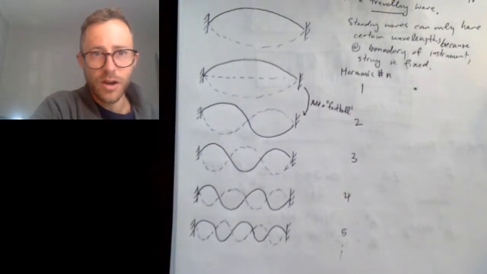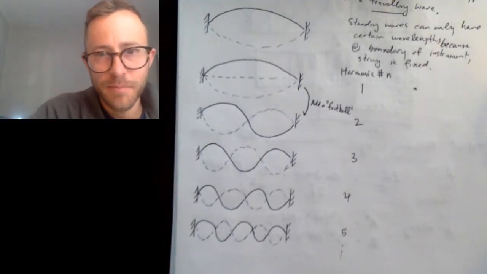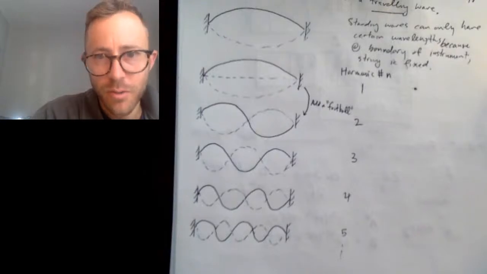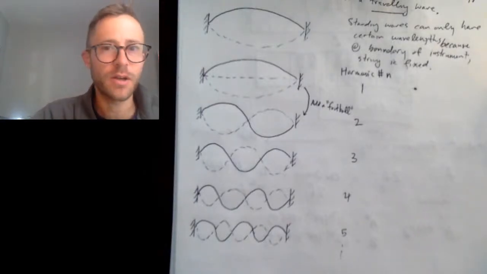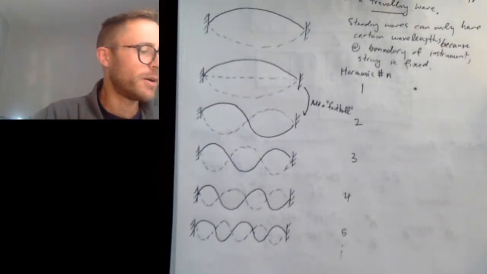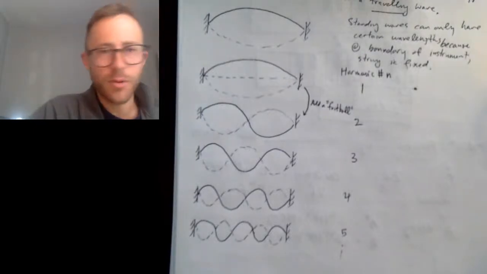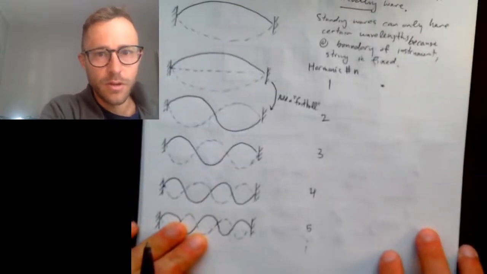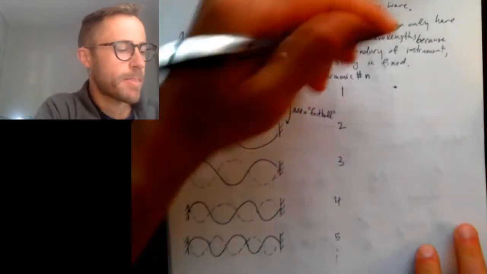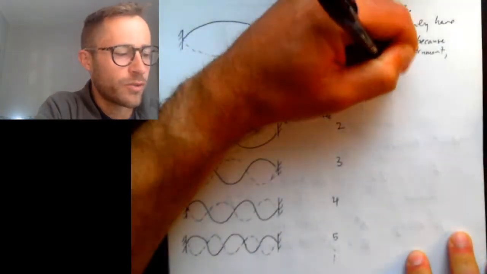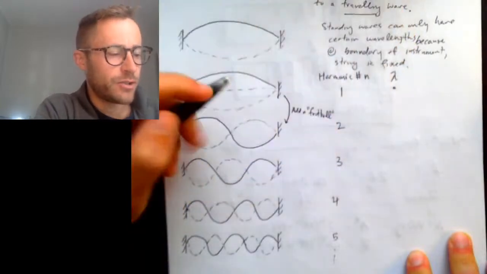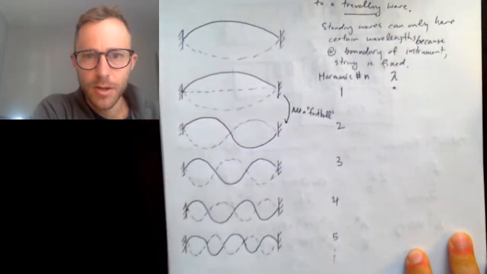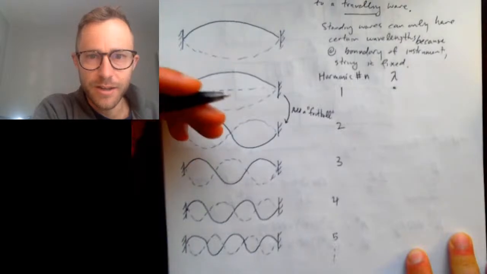So we'll talk about the nth harmonic, the first harmonic, the second harmonic, the third harmonic, etc. So now what I would like to do is talk about what is the wavelength of each harmonic. And so we're going to try to get a pattern.